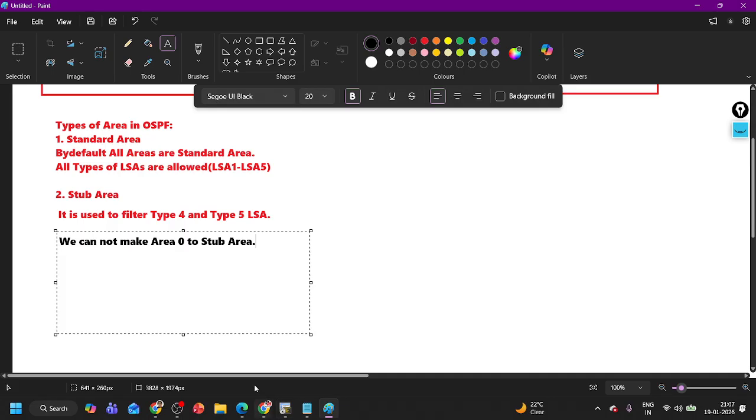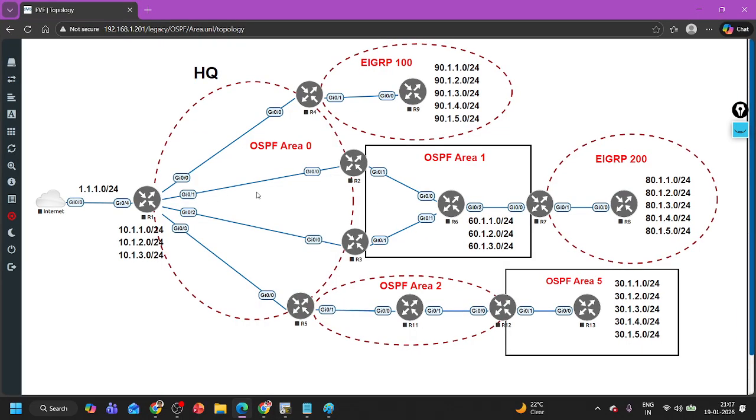If you filter any route in area 0, it will be filtered from all other areas as well, from area 1, area 2, because ABR routers are only going to advertise, let's say, this 90 subnet. Router 4 will advertise this 90 subnet in the form of LSA 5 in area 0, and if I filter the 90 subnet from area 0, then you will not find the 90 subnet anywhere.